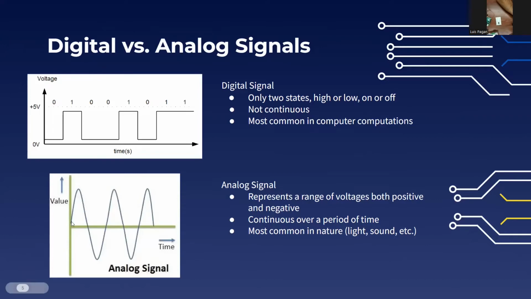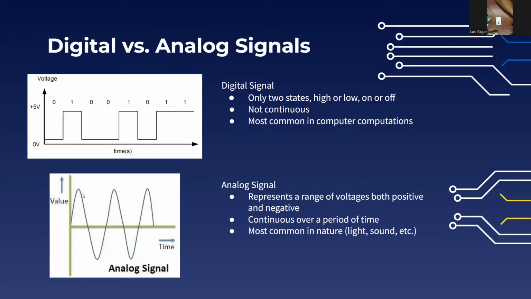That means we want to get a voltage between, for example, 0 and 5 volts, that's not 5 or 0 volts. We want to get, let's say, 2.5 because we're not trying to supply full power to the device. We can do that with an analog signal.